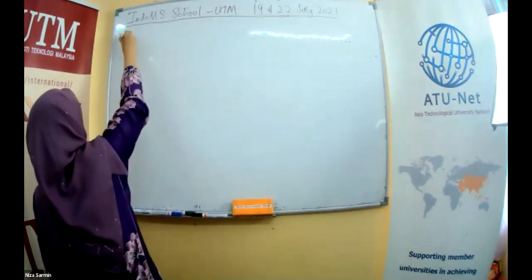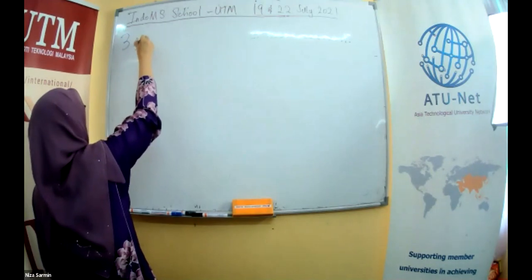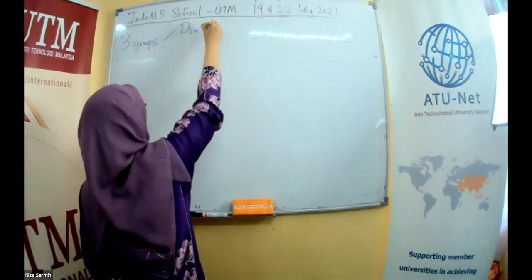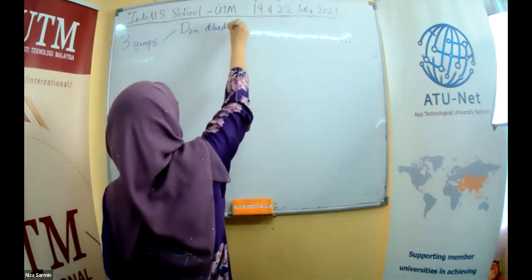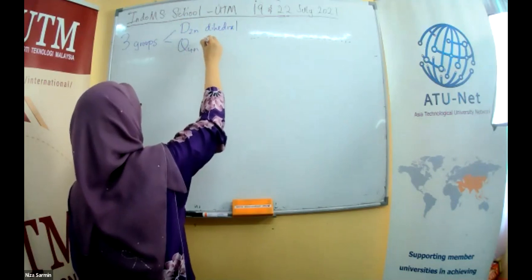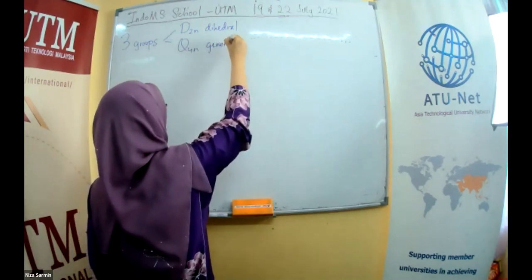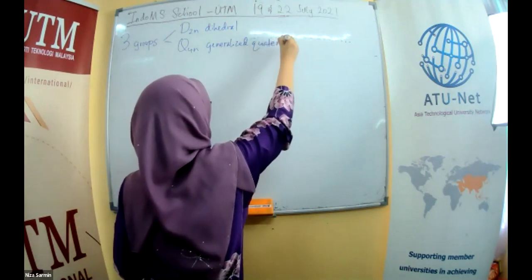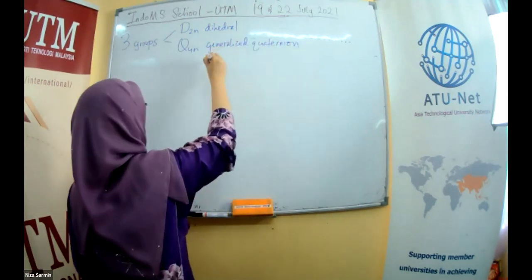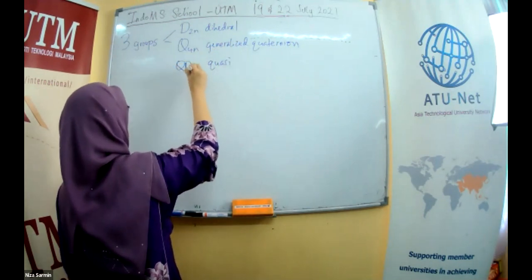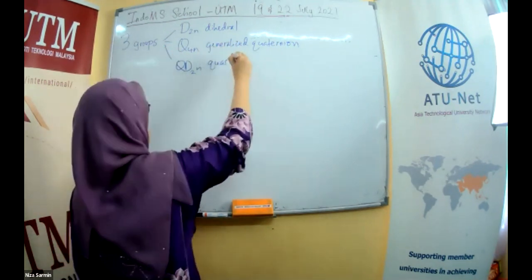Okay, so the groups are the dihedral group, and then generalized quaternion, Q for N, and then quasi-dihedral, QD to the power of N.